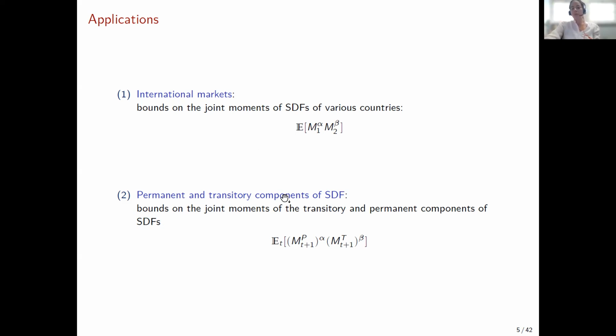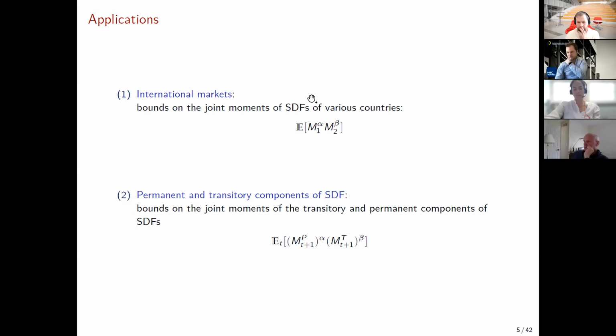For example, we're interested in the joint distribution between one stochastic discount factor, take the US, and a second stochastic discount factor, take, for example, the UK. So we want restrictions on the joint movements between two stochastic discount factors. HJ does not allow us to do that.